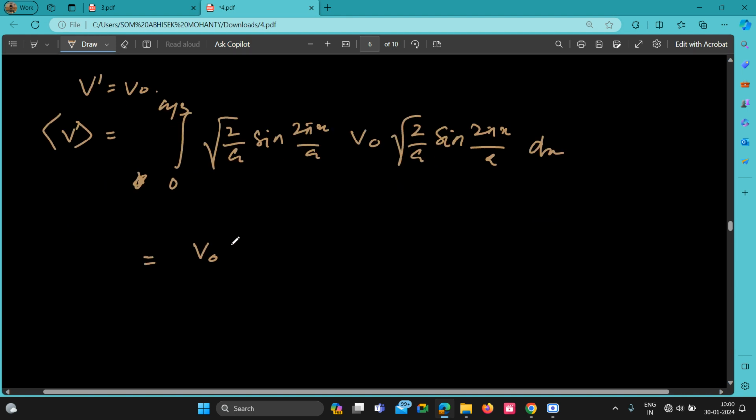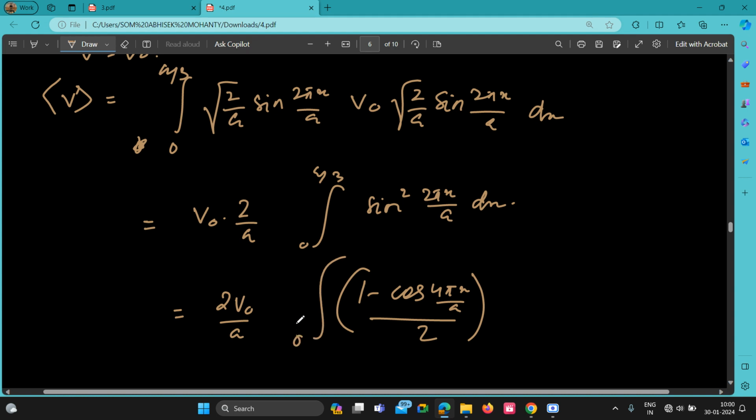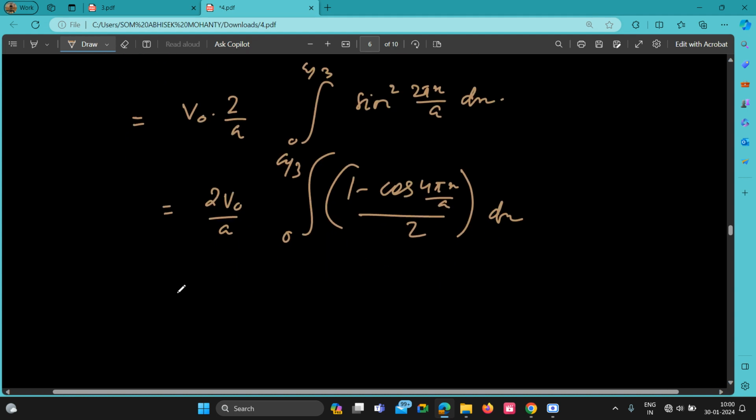So V naught into 2 by a, 0 to a by 3 sine square 2 pi x by a dx. Okay, so 2 V naught by a. So sine square 2 pi x by a I can write as 1 minus cos 4 pi x by a whole divided by 2, integration 0 to a by 3 dx. So 1 by 2 goes out.